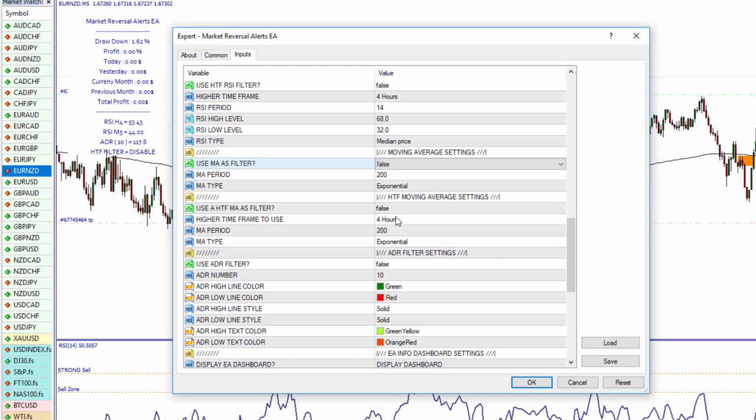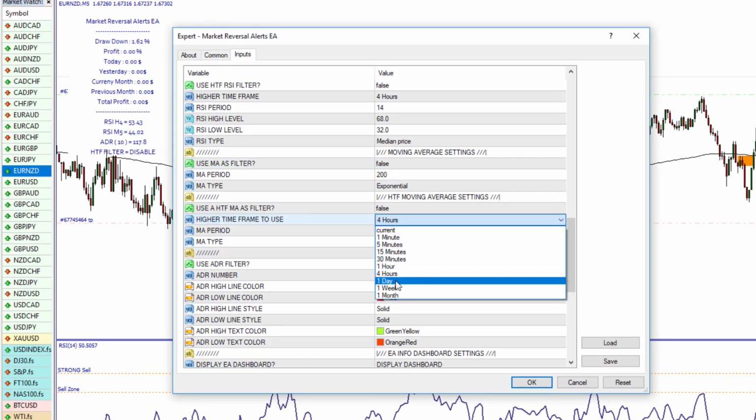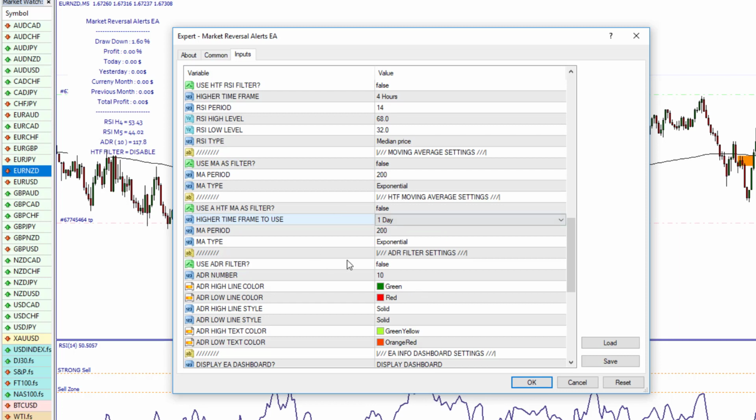And this is really useful because you could say to the EA, I think that the daily trend is up in this case, for example, as price is above the 200 daily moving average. So I only want you to take long trades for me when price is above the 200. If price crosses below the 200 daily moving average, I only want you to take short trades for me.